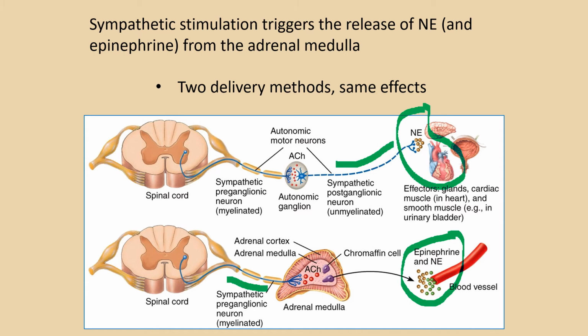So norepinephrine is norepinephrine. It's the same signaling molecule, and it will bind to receptors whenever it encounters those receptors. So the source of the norepinephrine, whether it was secreted at a synapse or it was secreted into the blood, that norepinephrine is going to lead to the same behavioral changes in the heart. The heart rate will speed up and the heart contractility will increase.